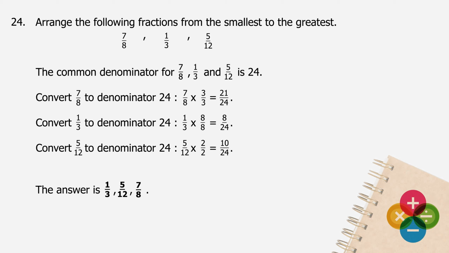Convert 1/3 to denominator 24 will be, multiply 1/3 by 8, and the product is 8/24. Convert 7/8 to denominator 24 will be, multiply 7/8 by 3, and the product is 21/24. Convert 5/12 to denominator 24 will be, multiply 5/12 by 2, and the product is 10/24. Arranged from smallest to greatest will be 1/3, 5/12, and 7/8.